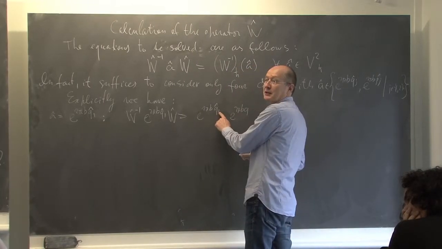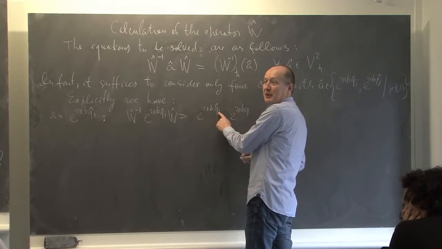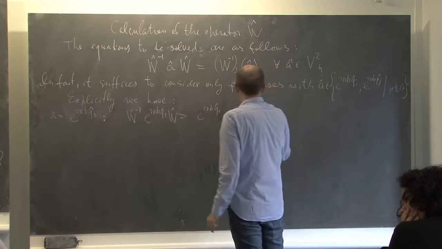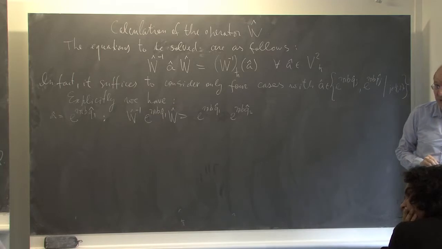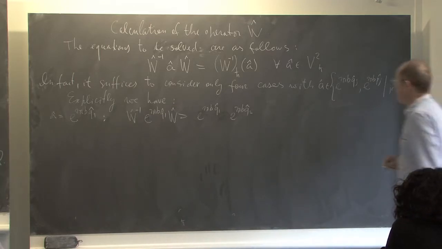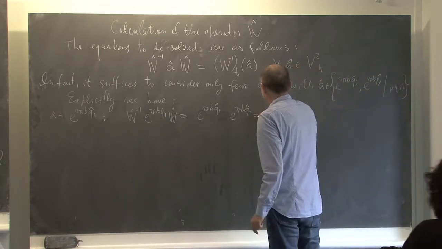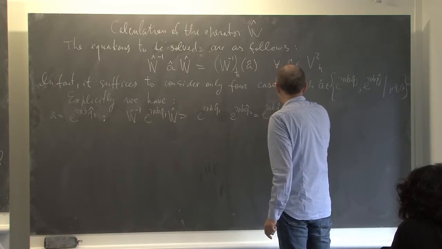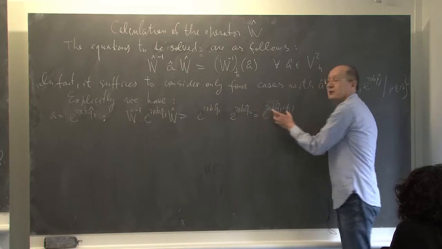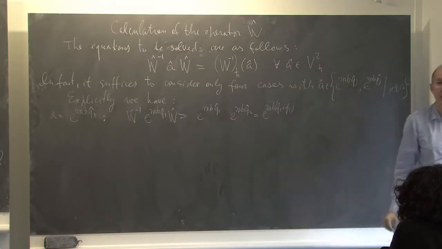Now the tensor is replaced by indexation 1 and 2: E Q2 hat, right? That's the formula. And now using the fact that this is equal to E 2 pi B (Q1 hat plus Q2 hat), because they commute between themselves, so we can put both of them together in the exponent.